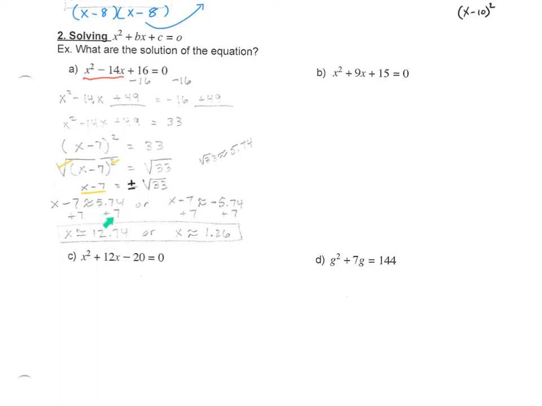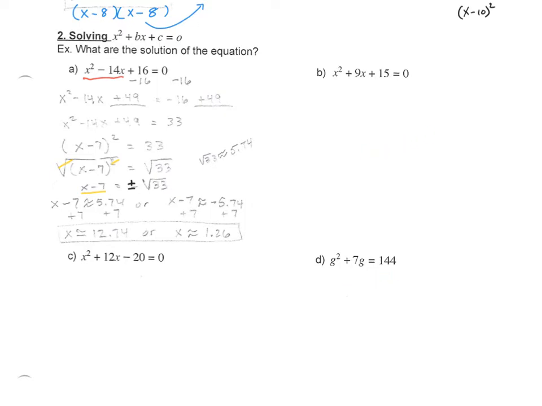Doing my inverse operations, I get x is approximately 12.74, or x minus 7 is approximately negative 5.74, and doing my inverse operations, there you go, my two solutions are x is approximately 12.74 or 1.26. Using the square roots, in class we may simplify square roots sometimes, or use them as decimals, depending on what's going on and what resources we have available to us.